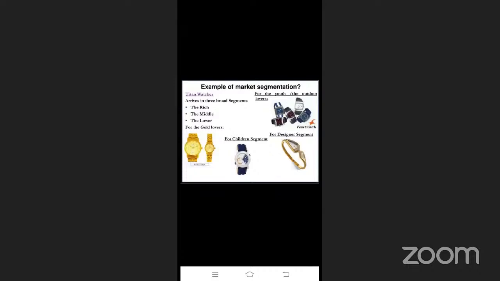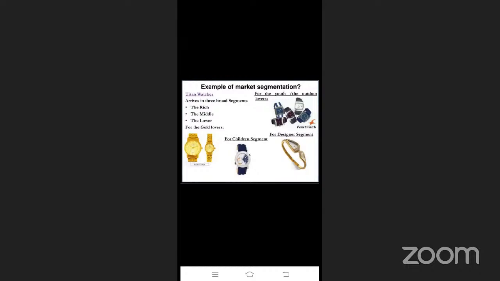The business house will act accordingly. So here we are taking the example of Titan watches. Titan produces different brands, different designs for different people according to their needs. गरीब थोड़े लोअर कैटेगरी के पीपल है तो उनके लिए भी एक रेंज है, उस रेंज में भी वो लोग वॉचेस बनाते हैं.